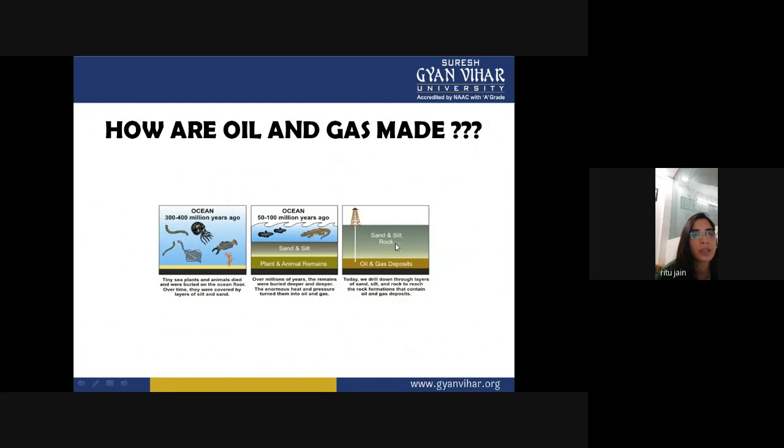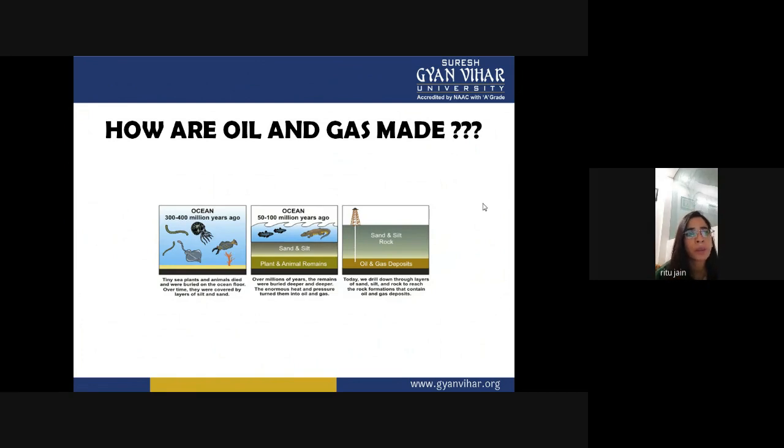It converted into sand and silt rock. Today we drill down through layers of sand, silt, and rock to reach the rock formation that contains oil and gas deposits.